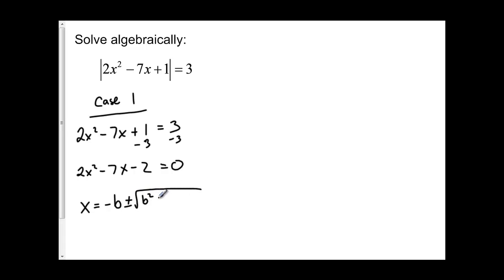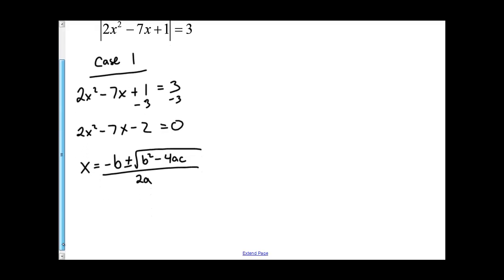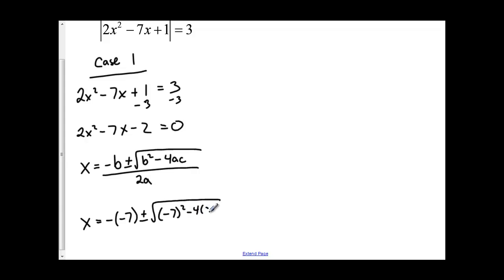So I've got -b plus or minus the square root of b squared minus 4ac, all over 2a, which is going to give me 7 plus or minus the square root of -7 squared minus 4 times 2 times -2, all over 2 times 2.